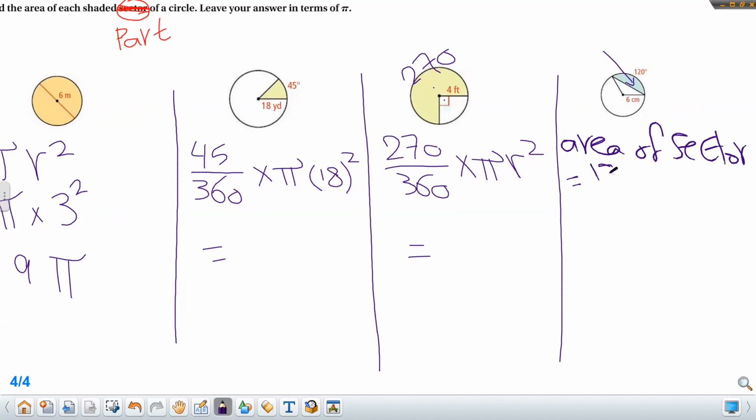So we can say 120 over 360 times pi times r squared. R is 6, then 6 to the power 2. It will be 12 pi, this is the area of the sector.